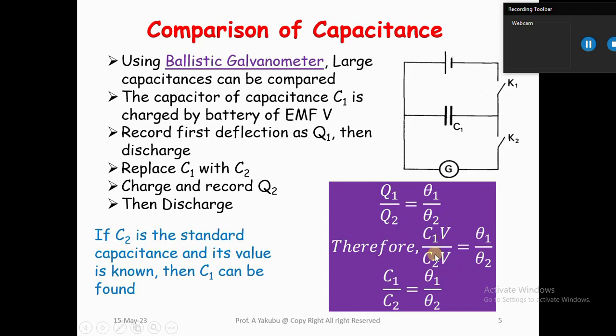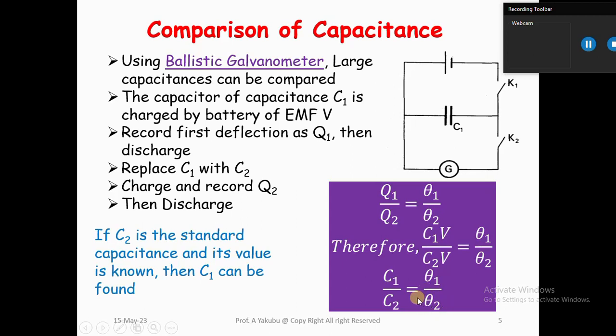Therefore, C1V over C2V is equal to Q1 over Q2, because Q1 is C1 charged at voltage V and Q2 is C2 charged at voltage V. The voltages cancel out. You will be left with capacitance 1 divided by capacitance 2, which is equal to the deflection for the first reading over the deflection for the second reading.